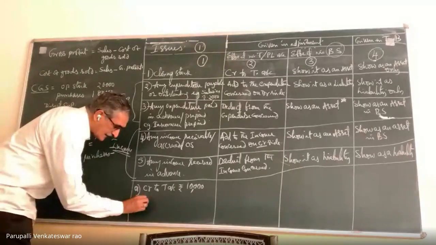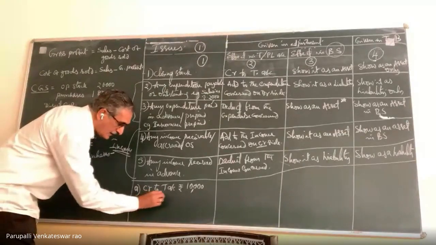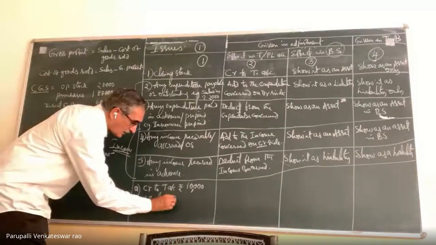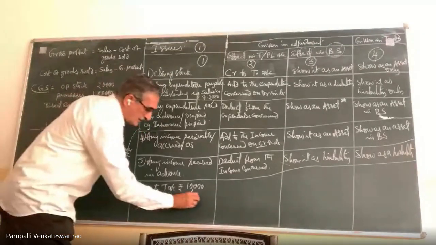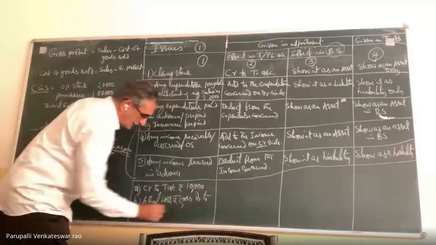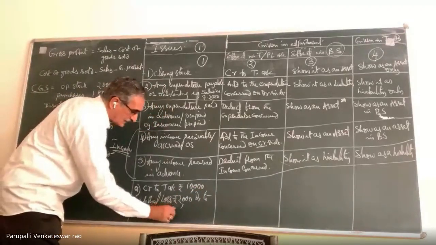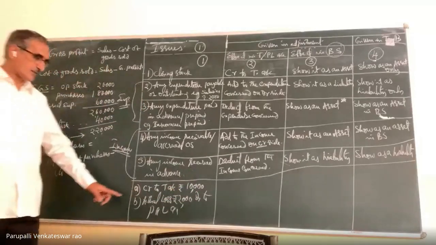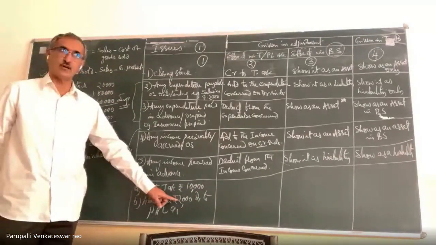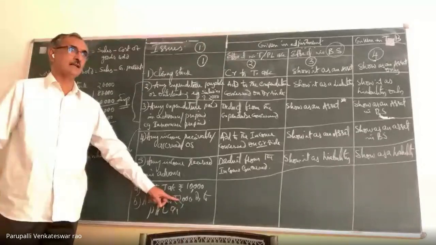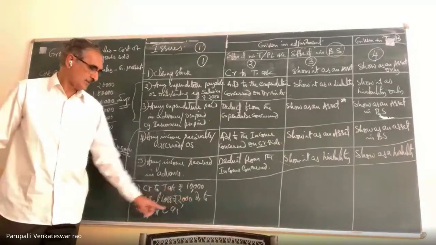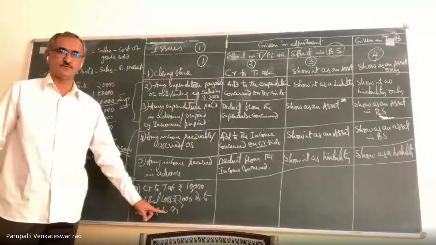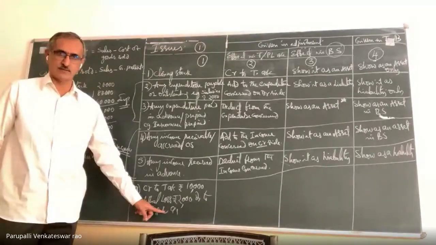B: actual loss rupees 2,000, debit to profit and loss account.